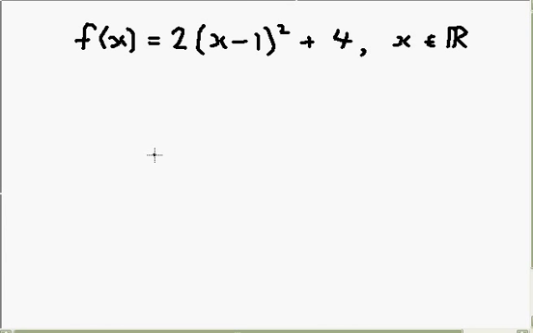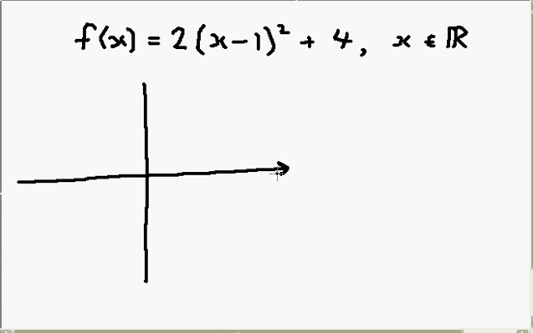So now I've got a situation where I've got a parabola, and I can draw in its vertex. I know its vertex is at 1, 4. So that's 1, 4.